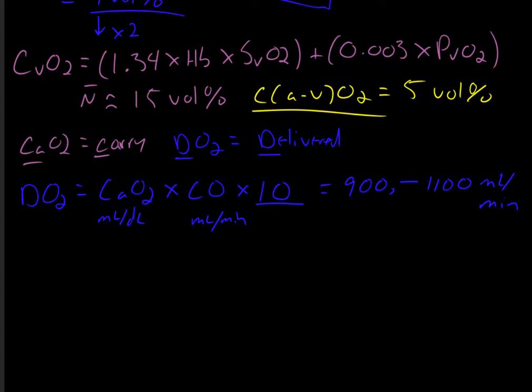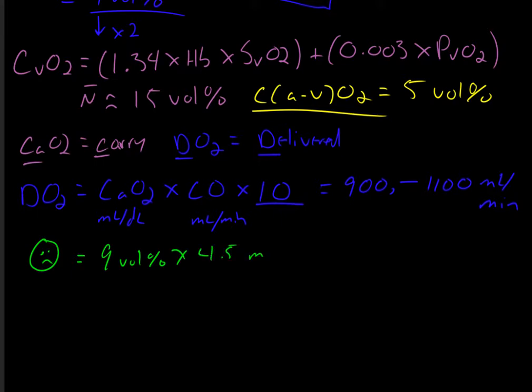So let's do a quick scenario with the DO2 here. So let's say we have our sick patient again. So the one we calculated up here with the hemoglobin of 7. So that patient's CaO2 was 9 volume percent. Remember that? So let's just do equals the DO2 in our equation. So the sad face again is 9 volume percent times, let's say 4.5.